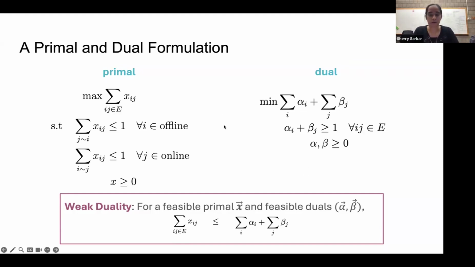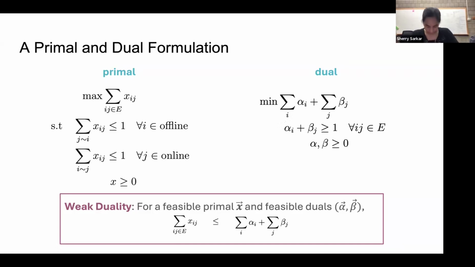Really, I think the takeaway from weak duality and primal duals is that this program is a game for us to find the best upper bound for our original linear program. And weak duality basically states that for any feasible solution X to our original program, and for any feasible solution alpha beta to this program, it turns out that the objective of X can be upper bounded by the objective in alpha and beta.